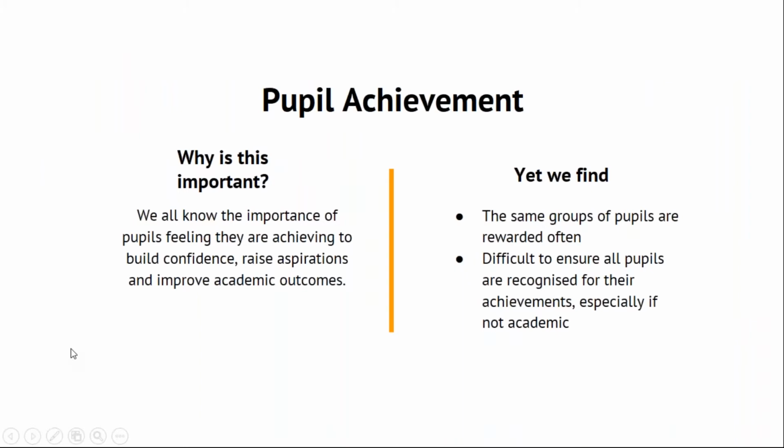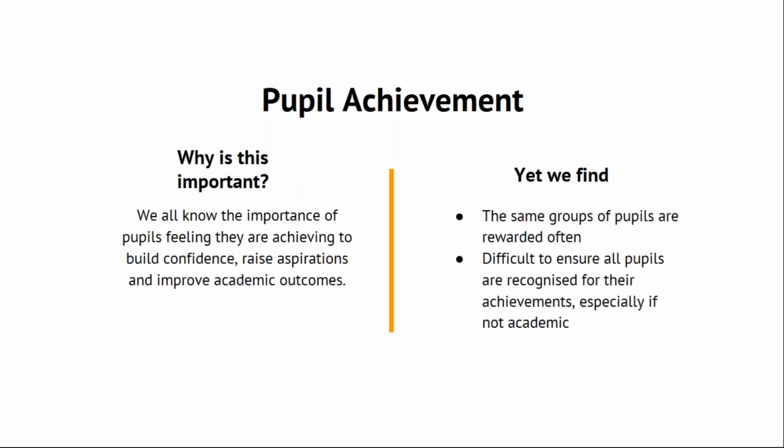And now looking at pupil achievement, and so it links in with the rewards that we were talking about. Why is this important? Well, obviously, we want all pupils, and this is why it directly links with inclusion, to feel that they are achieving.